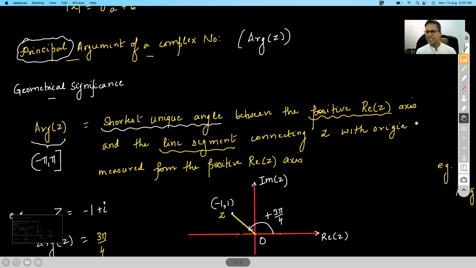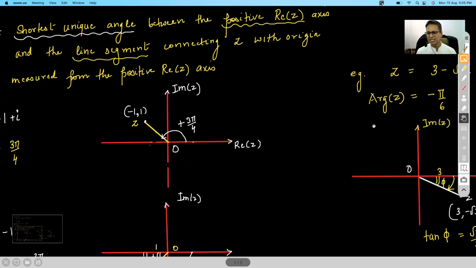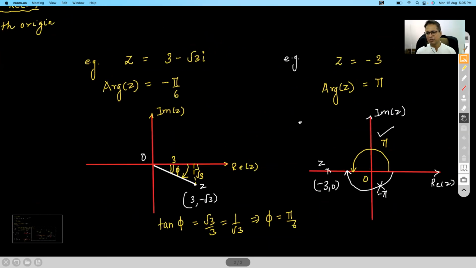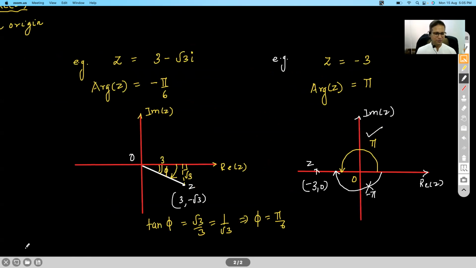So with this, let's take a quick round of questions where I will be giving you complex numbers and you will be telling me the principal argument for those complex numbers, right? Let's begin. Write down the principal argument for the following.